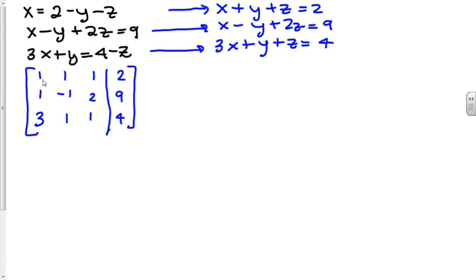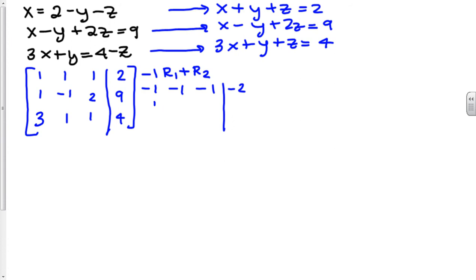I already have a 1 in this top corner, so I'm going to leave my first line alone. I need this 1 to become a 0, so I'm going to do negative 1 times row 1 added to row 2. So negative 1 times row 1 will give me negative 1, negative 1, negative 1, negative 2.